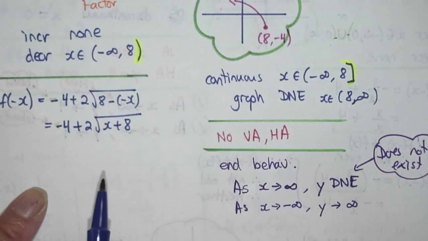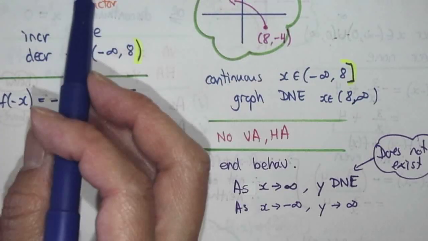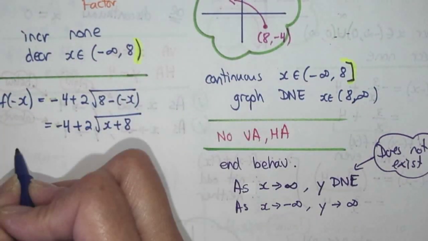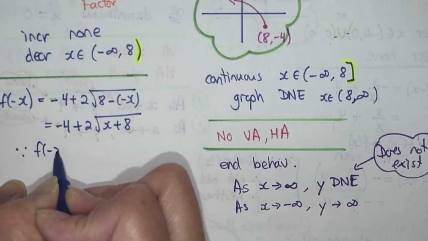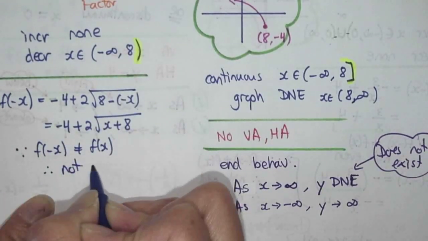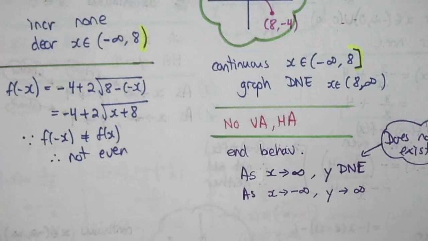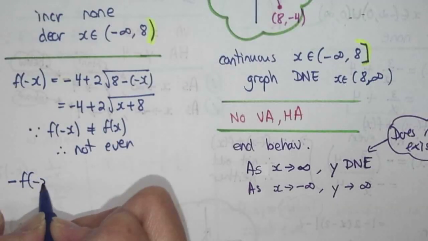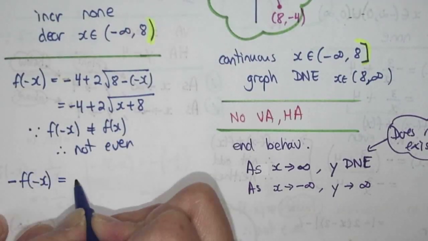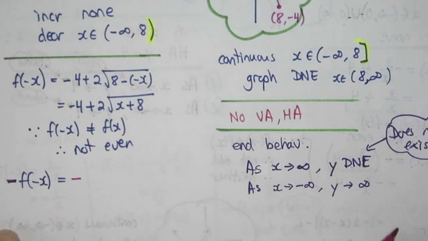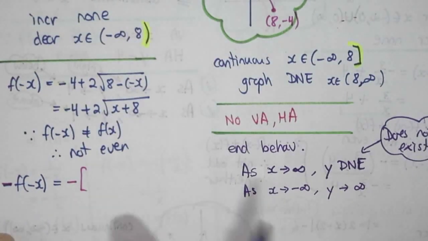Does that bring it back to the original? No, it does not, because there's that horizontal reflection, which is going to change my graph. So since f at negative x does not bring it back to the original, therefore not even. And then we're going to try that again. Negative f of negative x equals, so this will be a negative, this negative here part, and then take your whole answer from here.